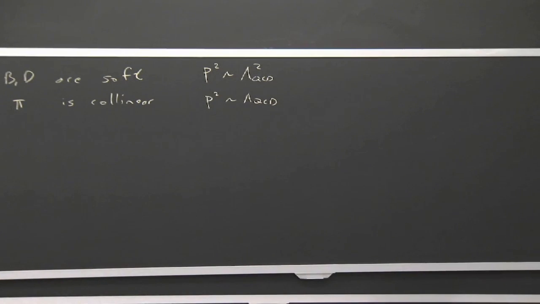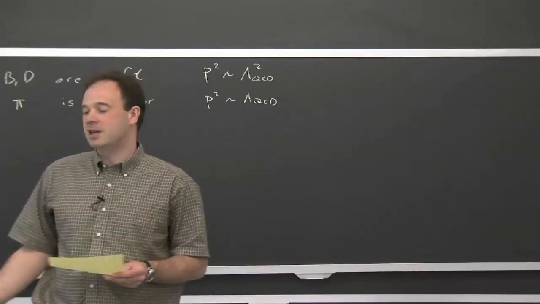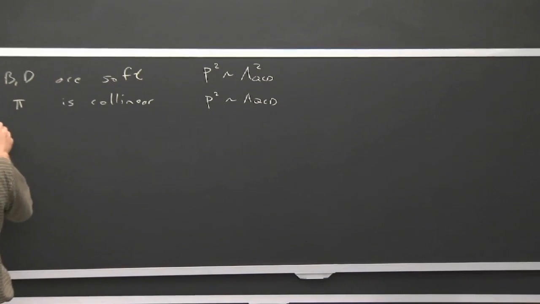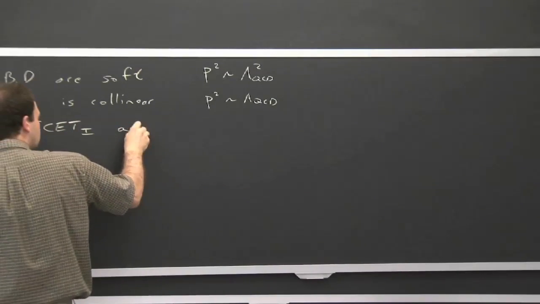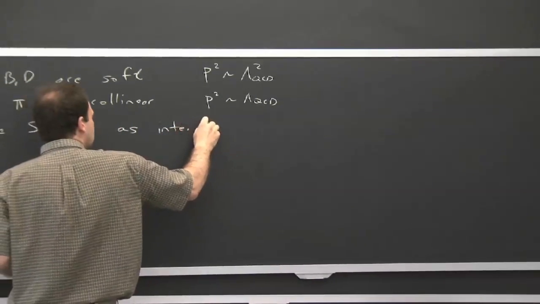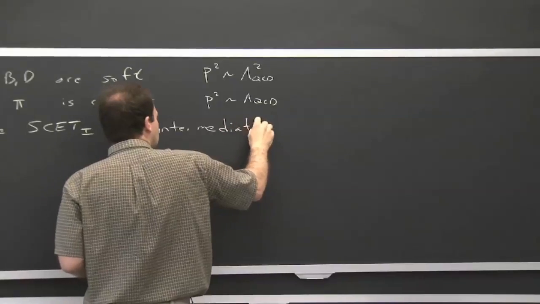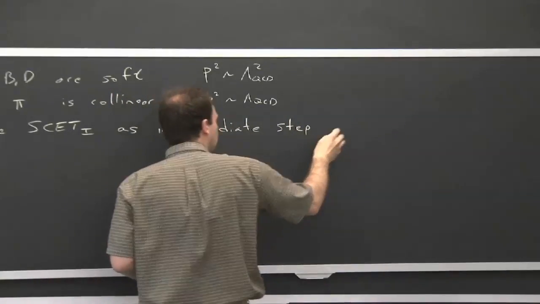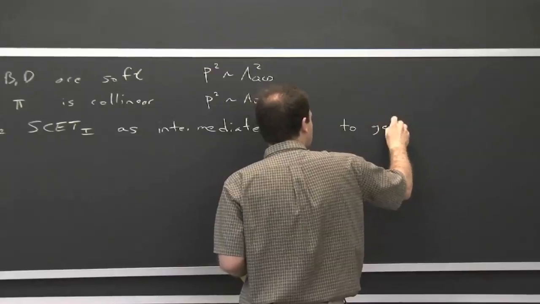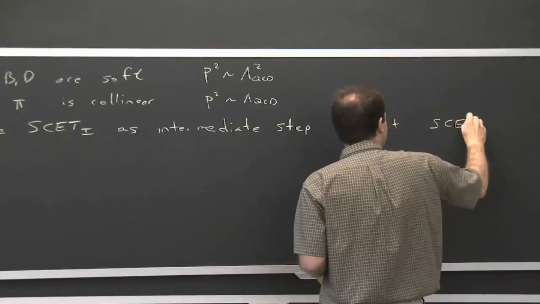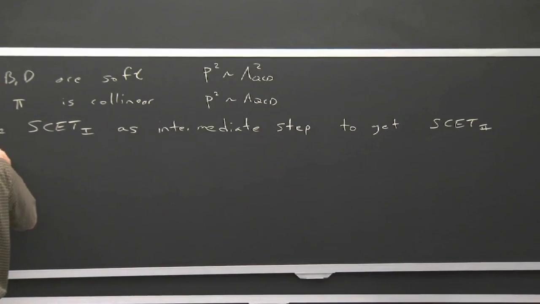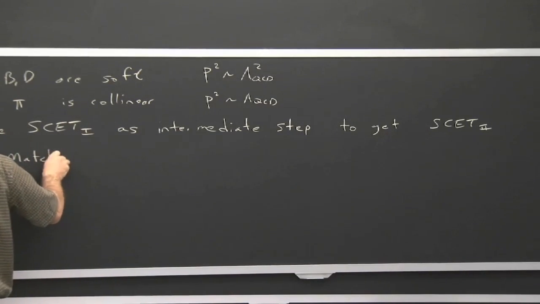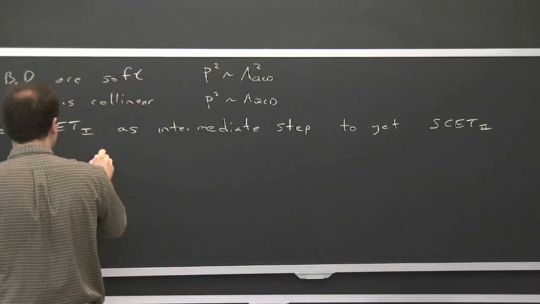This is SCT2, but we can use SCT1 as an intermediate step, just like we talked about last time. So let's do that again. So step one was to match QCD onto SCT1.